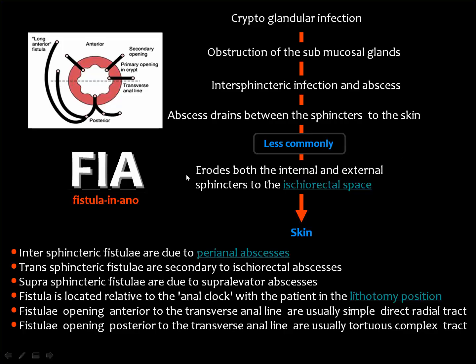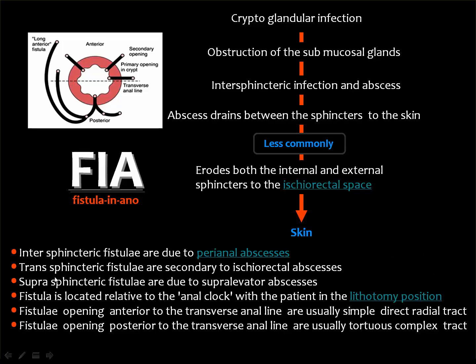And less commonly, the abscess may extend across the internal and the external sphincters to the ischiorectal fossa, then to the skin, and this is known as transsphincteric fistula.